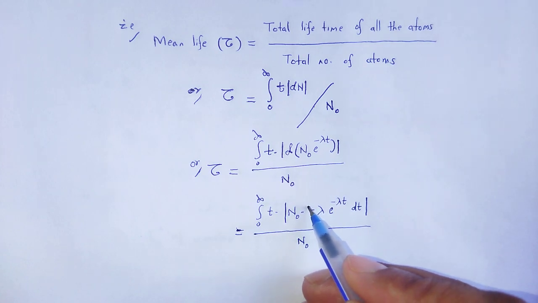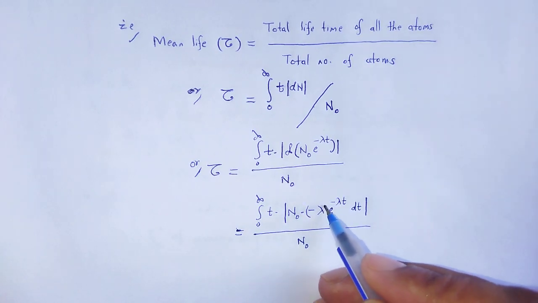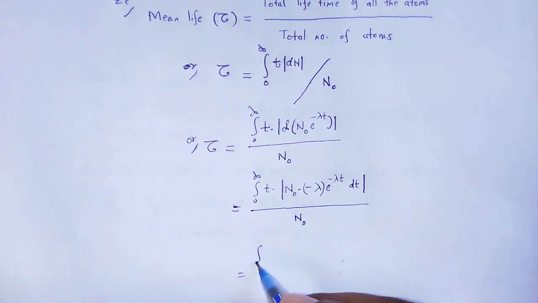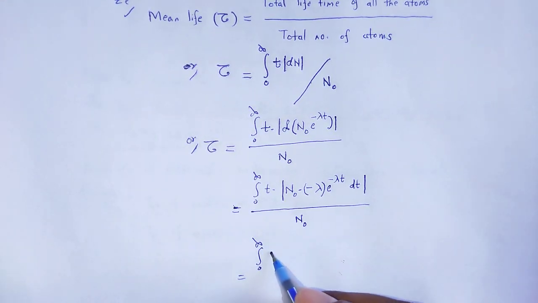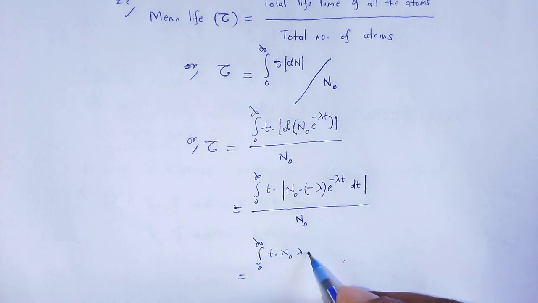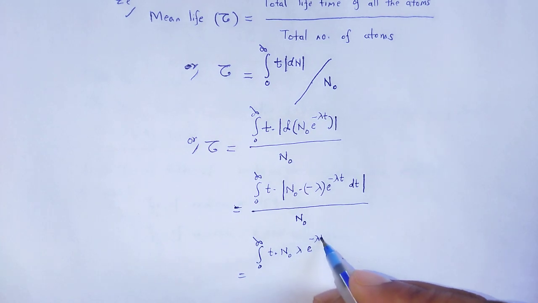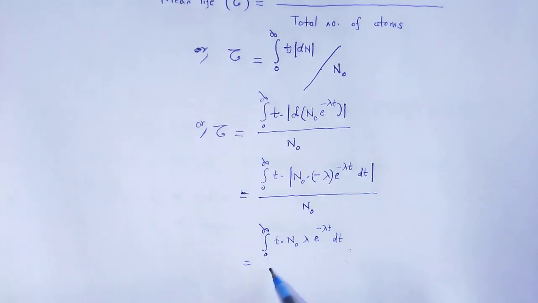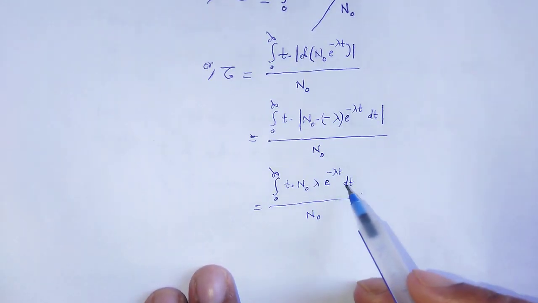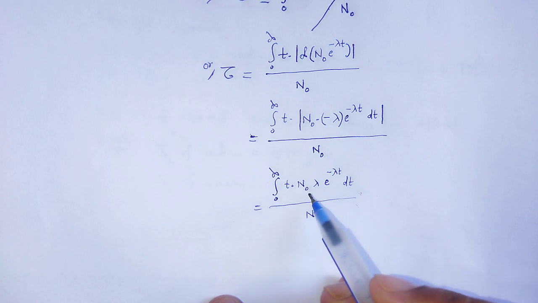Okay. Therefore, integration over 0 to infinity, considering only the magnitude term, t n naught lambda e to the power minus lambda t dt divided by n naught, that is the integral with respect to dt.